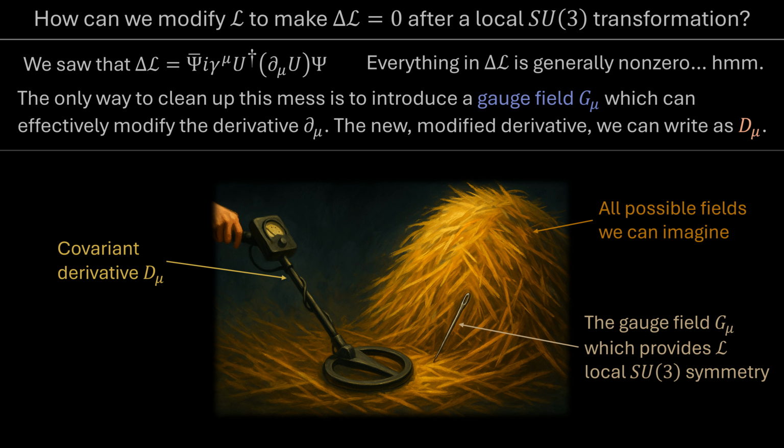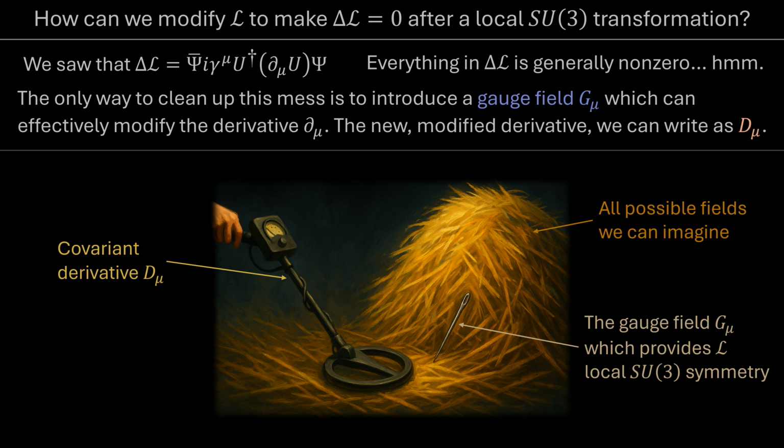When you think about all possible fields and all possible transformation rules, we want to find one in particular that fits and that cancels out the mess that would otherwise be created by a local SU3 transformation. And so in the analogy of looking for a needle in a haystack, we're going to use the concept of a gauge covariant derivative as like a metal detector that's going to help us hone in on the right answer, and then we're going to check that answer.